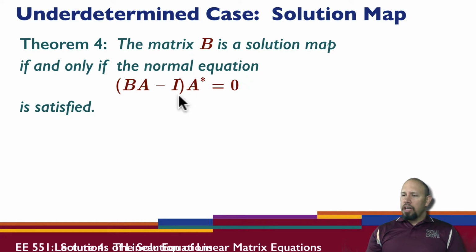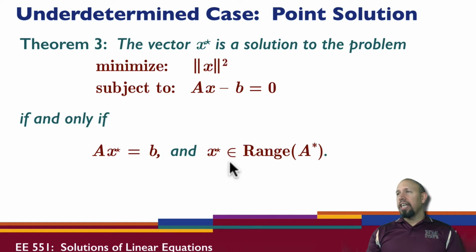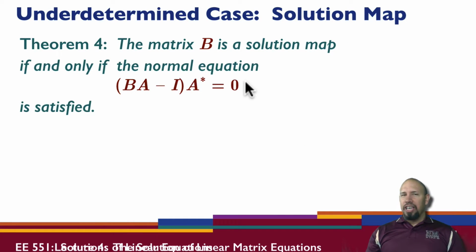So notice that here we have something like a normal equation that pops out. All of this is actually equivalent to this normal equation, and you can see that in the proofs, but it's not obvious here.